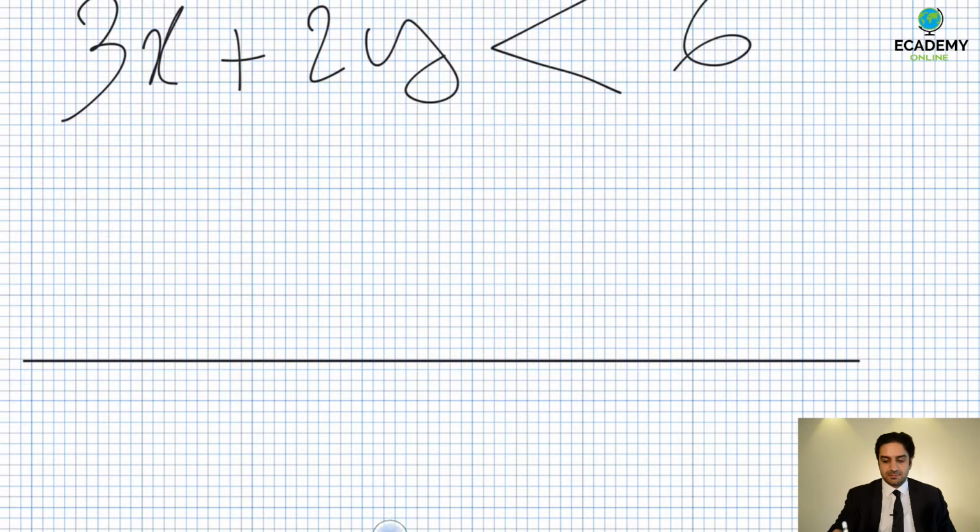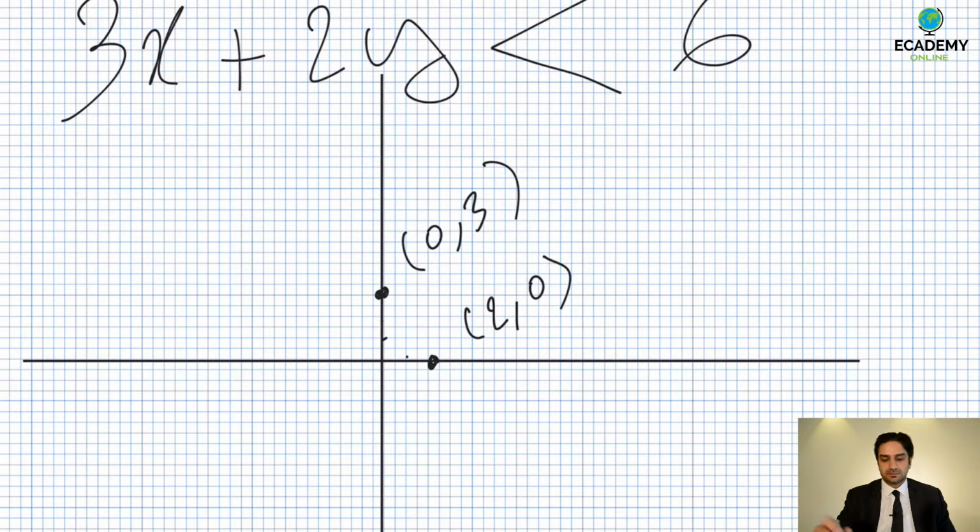This is my x, this will be my y, this will be 1, 2. This is 0, 3 again. This is 2, 0. So I will create a dotted line, not a solid line.